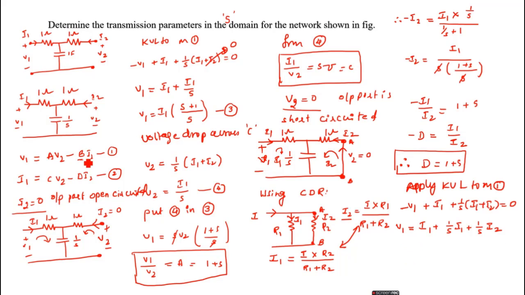What is B? B is the relationship between V1 and I2. Wherever I2 is there, replace it in terms of V1 and I1. So from this equation, V1 equals I1. Can I write this I1 as minus I2 into 1 plus S?